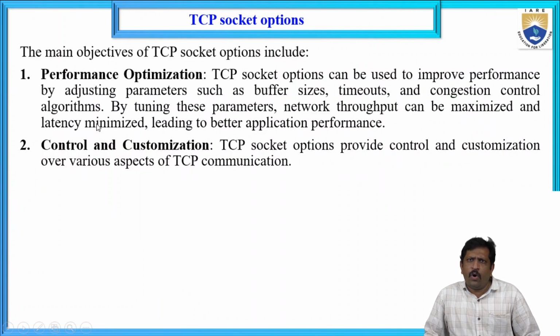Next, the objectives of TCP socket options. The main objective is performance optimization. TCP socket options can be used to improve performance by adjusting parameters such as buffer sizes, timeouts, and congestion control algorithms.